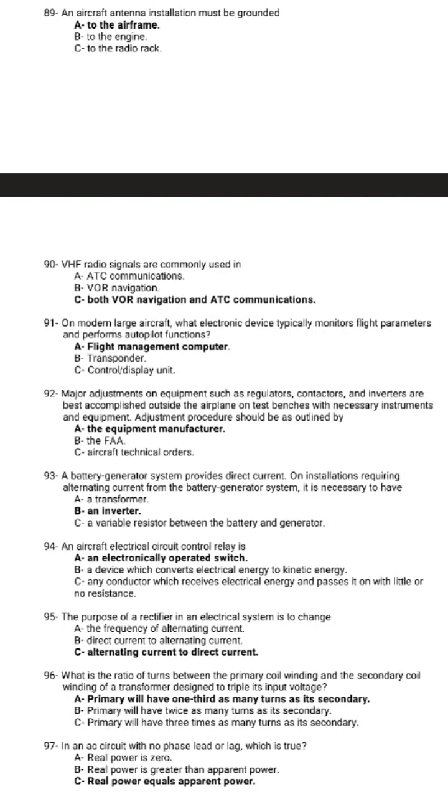So what is the ratio of turns between the primary coil and the secondary coil of a transformer designed to triple its input voltage? So primary will have 1/3 as many.